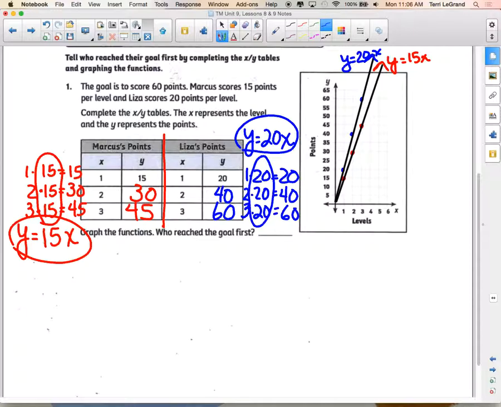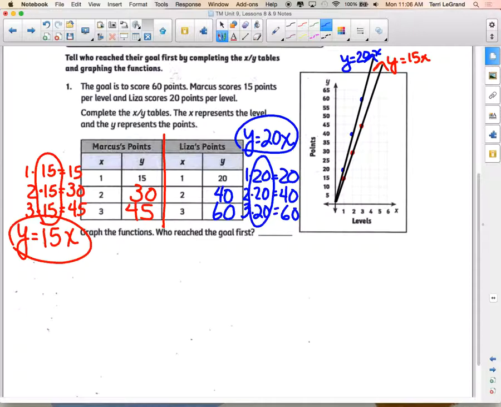Okay, who reached the goal first, Marcus or Liza? Liza, I'm hearing. Anybody want to disagree that Marcus reached it before Liza did? How can you tell? Give me some ways you can tell that Liza reached it first.